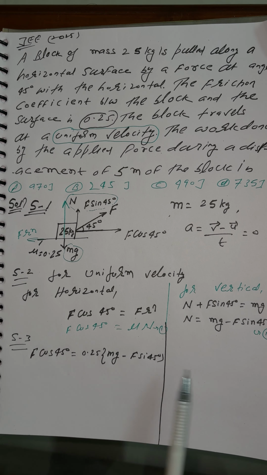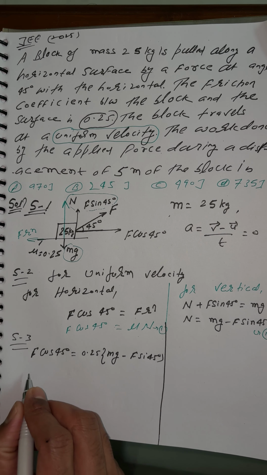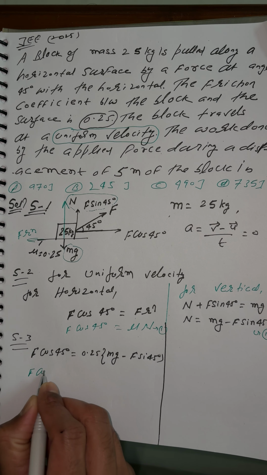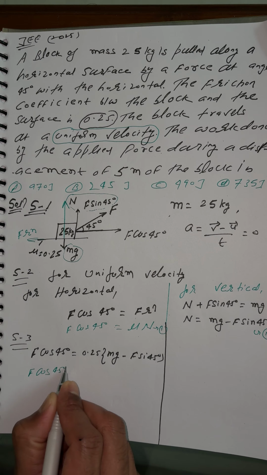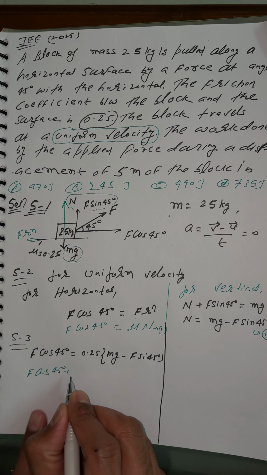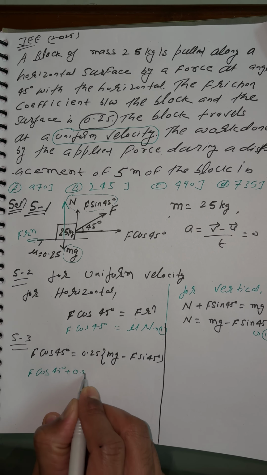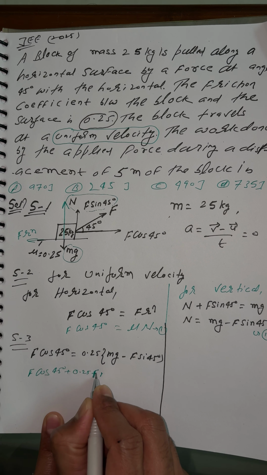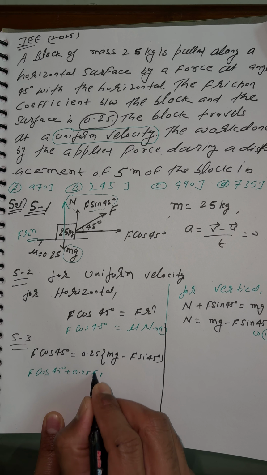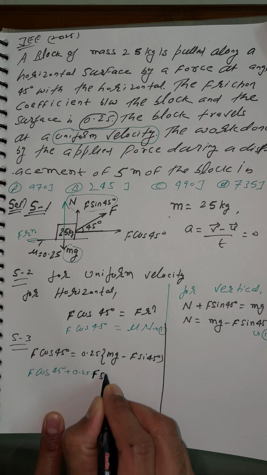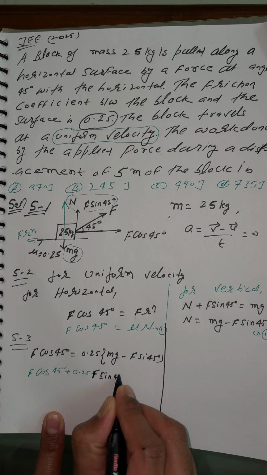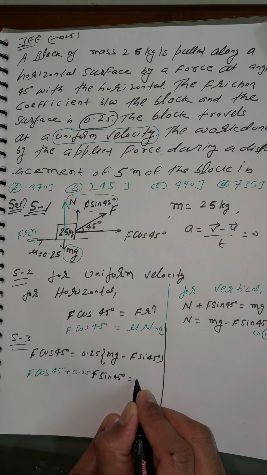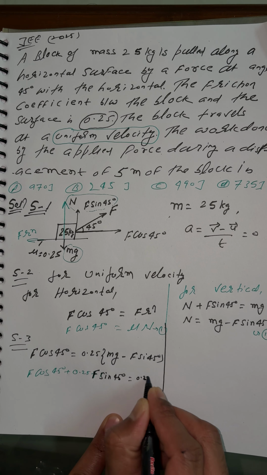You wish to find force, so just keep the entire force on one side. So this is F cos 45 degree plus 0.25 into F sin 45 degree is equal to 0.25.